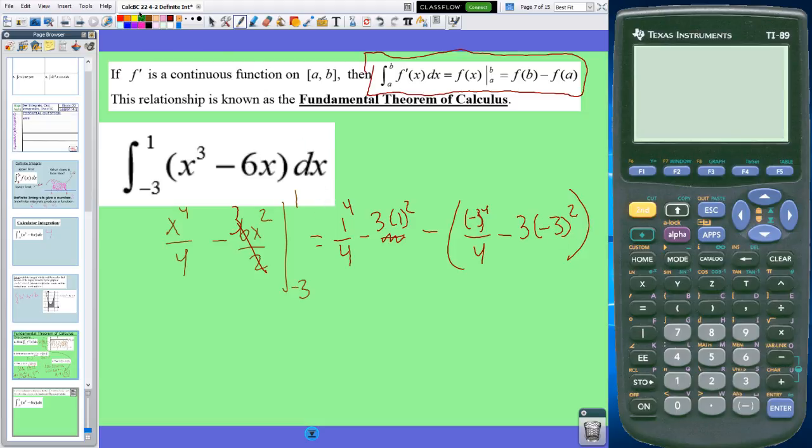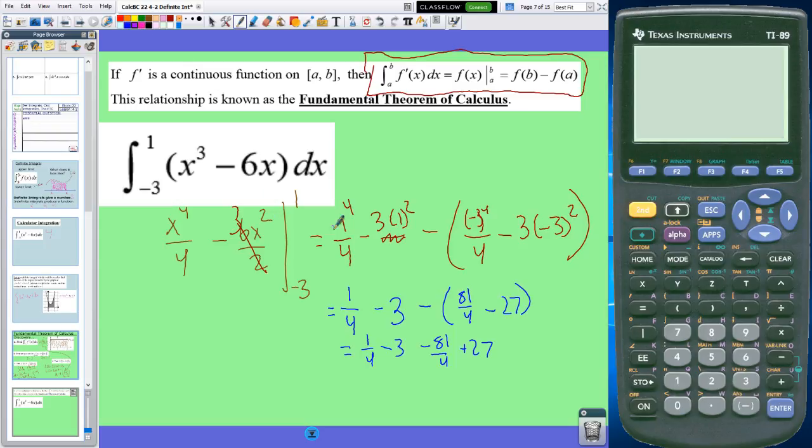All right, let's clean this up just to prove this. So 1 to the 4th is just 1, so 1/4 minus 3, minus 3 to the 4th power is going to be 81 over 4, minus 3 squared is 9, so it'll be minus 27. Distribute that negative sign, it'll be negative 81 over 4 plus 27 minus 3 and positive 1/4.